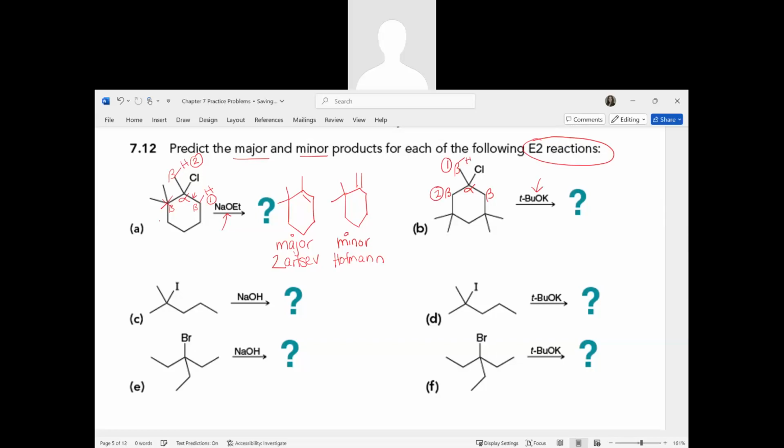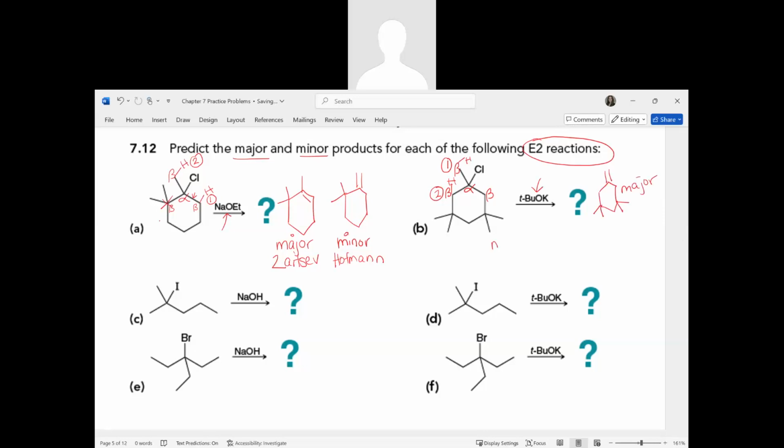These would produce the same product if elimination occurred with either one of these sites. So we'll draw our product based on elimination over here. Our major product now would be the least highly substituted Hofmann product that could result, and we'll draw that elimination with beta proton number 1. And again, this would be our major.